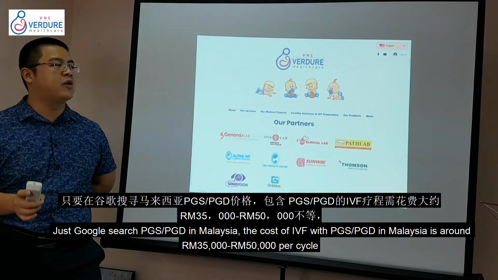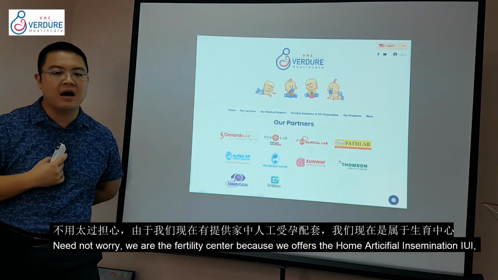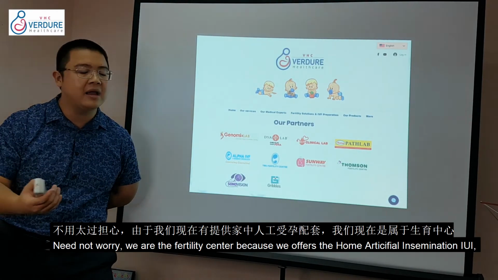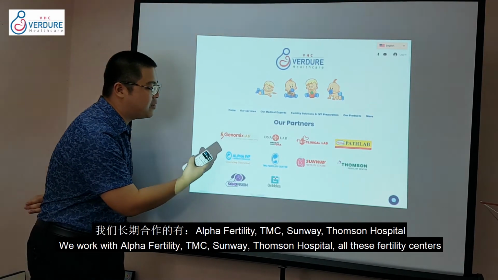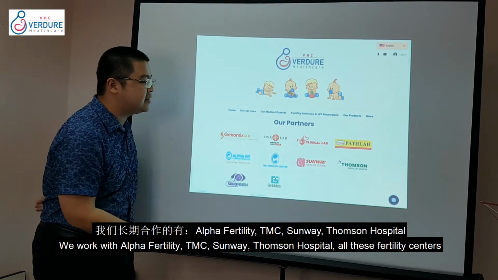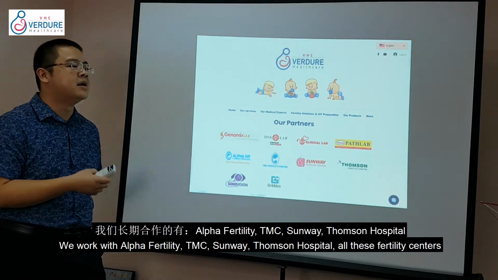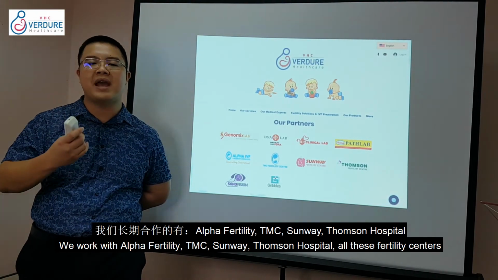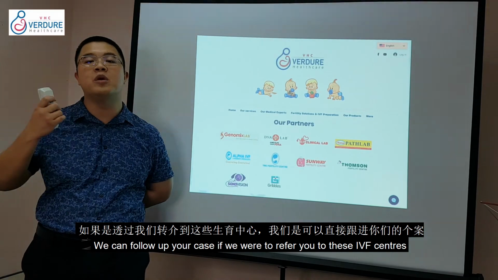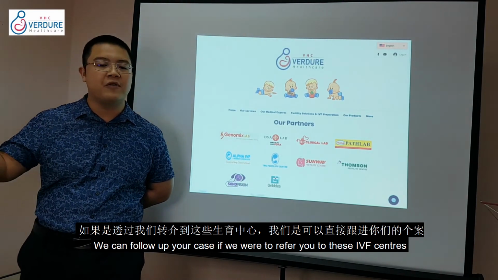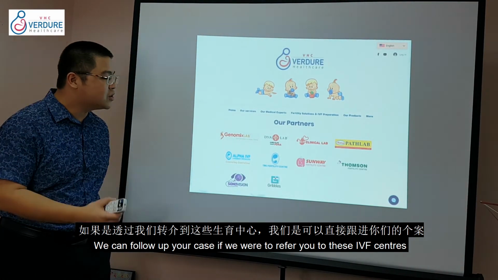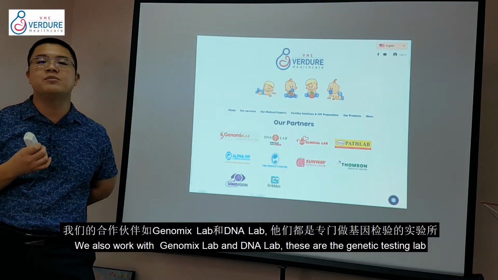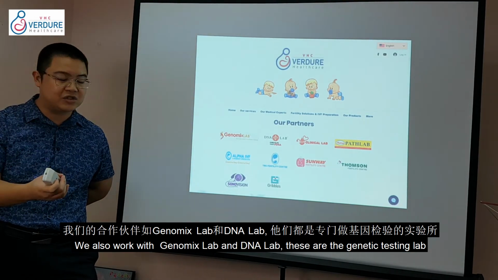Need not worry, because at Verdure Healthcare, we are a fertility center offering home artificial insemination IUI, but we do work with, for example, Alpha Fertility, TMC Fertility Center, Sunway, Thompson, and all of these fertility centers, and we will be able to follow up on a case if we refer you to them for IVF treatments. We also work with DNA laboratories and genomics labs, and these two labs are responsible for testing genes.